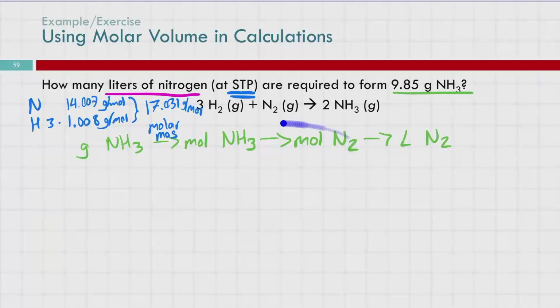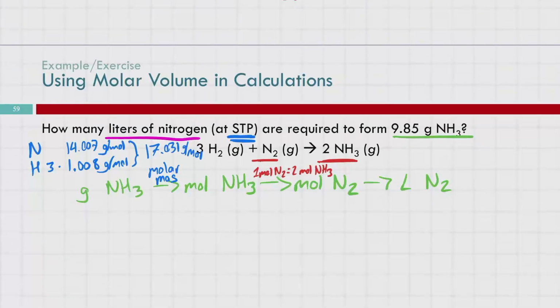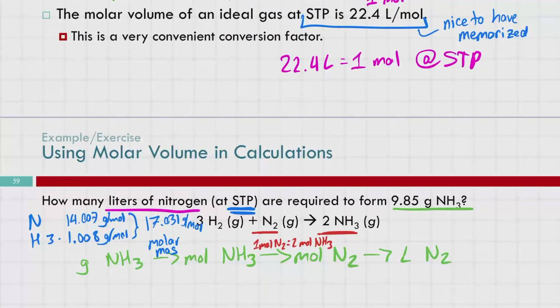We need a ratio to connect our moles of one chemical to our moles of another chemical. We get our ratio from our balanced chemical equation. 1 mole N2 equals 2 moles NH3. And then we need something for this last step, something that connects moles and liters. Do we have something that connects moles and liters?